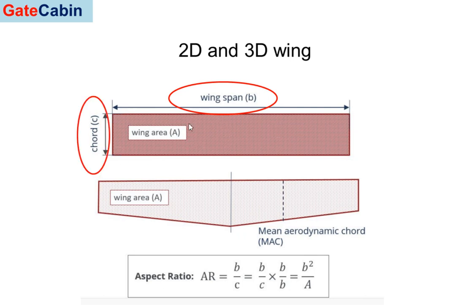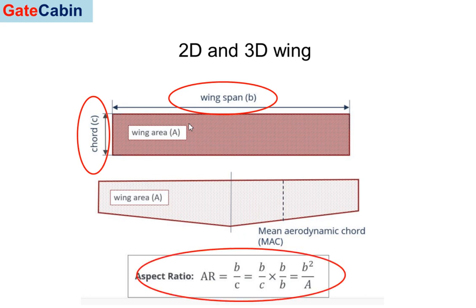The horizontal length is the wingspan, the vertical length is the chord, and the shape of the wing keeps on changing depending upon the application of the airplane. If it is a fighter jet, the shape will differ. If it is a commercial plane, the shape is going to differ.